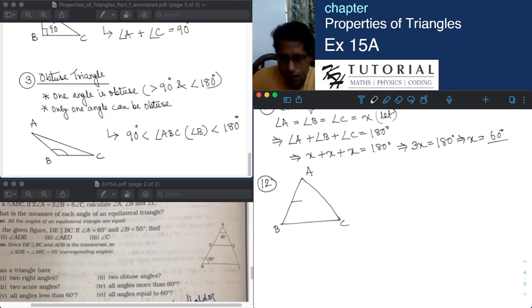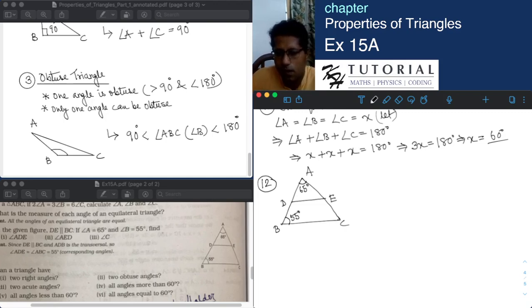So we have a line DE parallel to BC. And if angle A is 65 degrees and angle B is 55 degrees, find angle ADE, angle AED, and angle C.